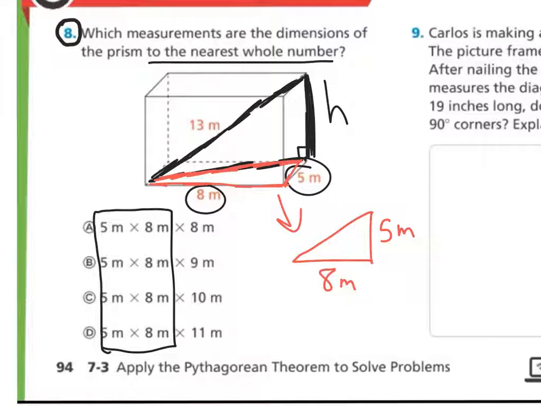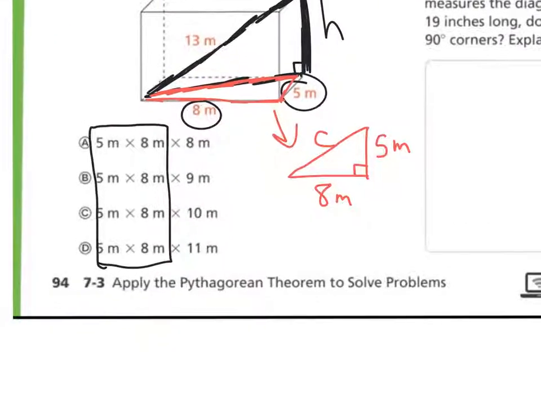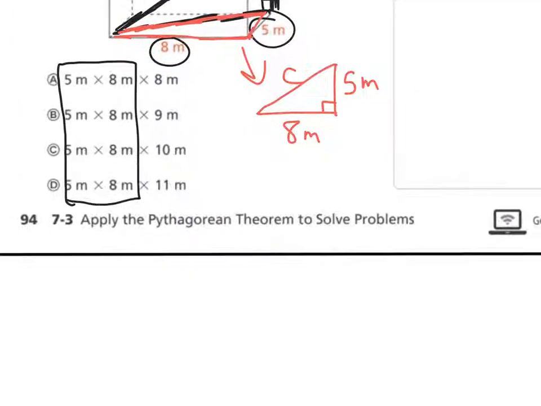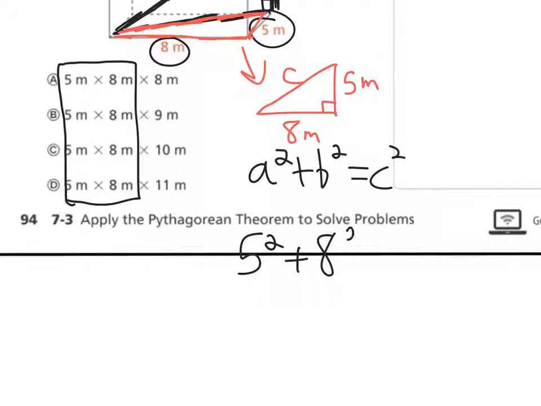So that's what this looks like. And so the question is, can we figure out the third side of that triangle? The answer is yes, because we have a right triangle and we know 2 out of the 3 sides. So we can use our Pythagorean theorem. We know the 5 and we know the 8.